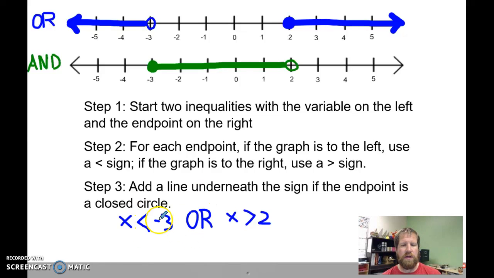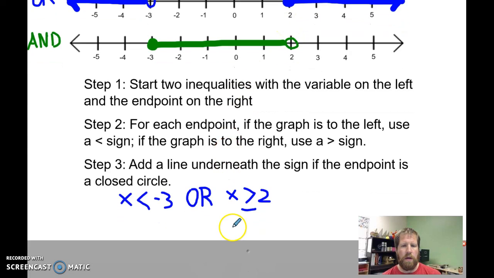The last thing you have to do is go back and look at your endpoints and find if either of them are filled. If they're filled circles, or closed circles, you need to put an "or equal to" below your sign. So for this graph, I have that x is less than -3, but not including -3, or that x is greater than or equal to 2.